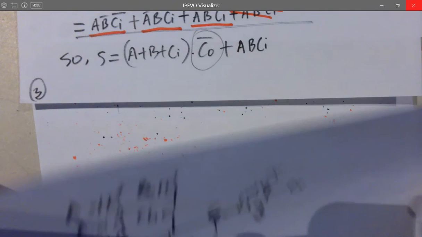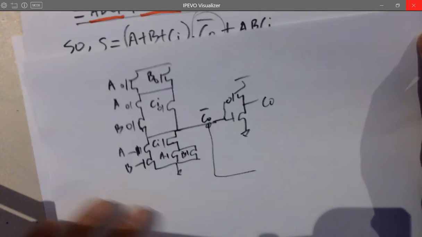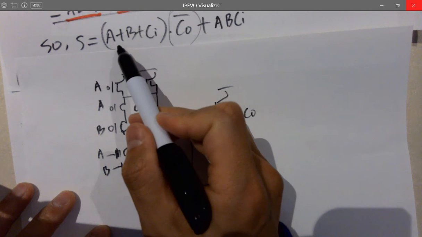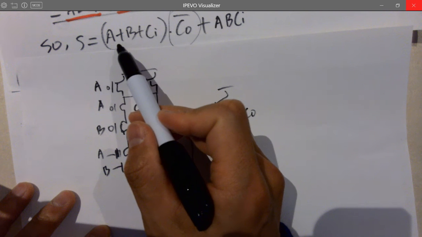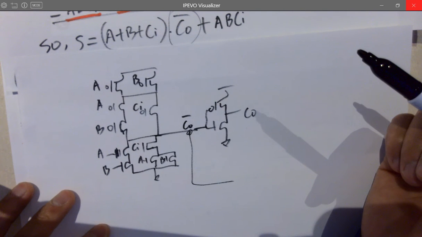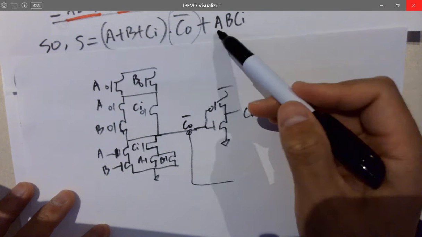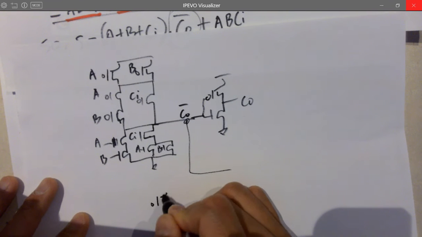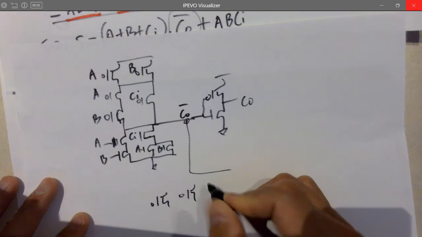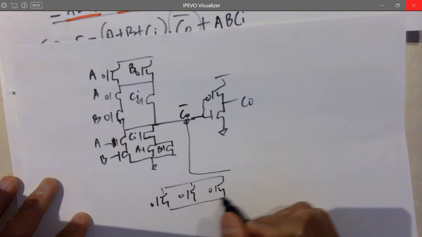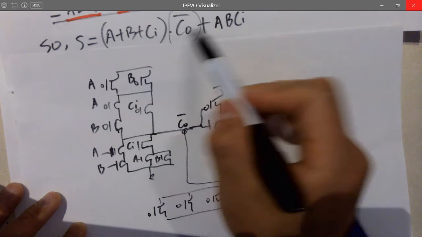So for the circuit, where do you want to get started? Like A, B, CI, need A, B, CI in parallel on the top, and in series with all these things.